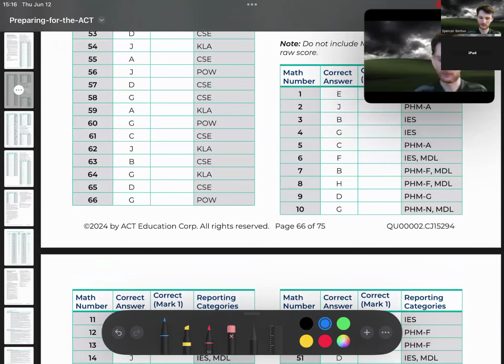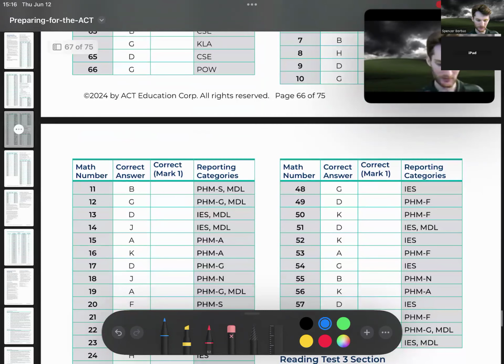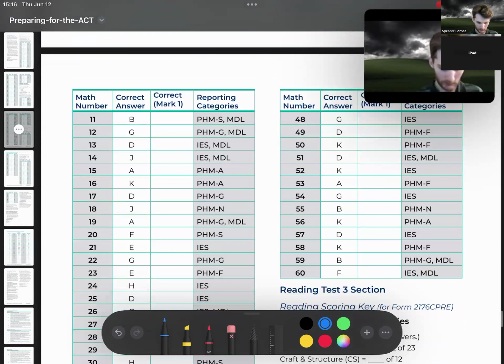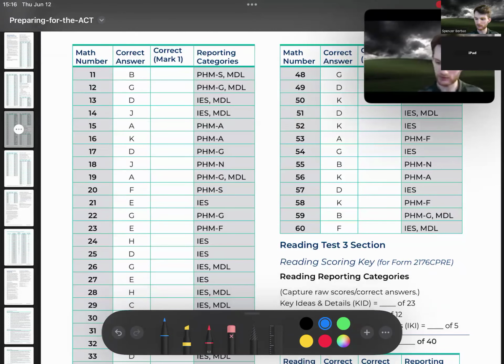Hey, let me cross off the ones I got wrong. So I got two wrong. The question two wrong. E, B, G, C, F, B, H. B, G, B, G, D, G, wait, B, G, D, J, A, K, D, J, A, F, E, G, E, H, D. All right, I'm at question 25.